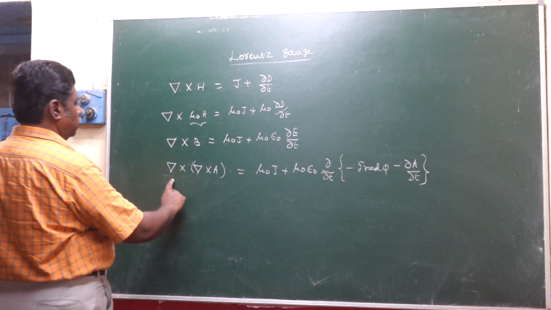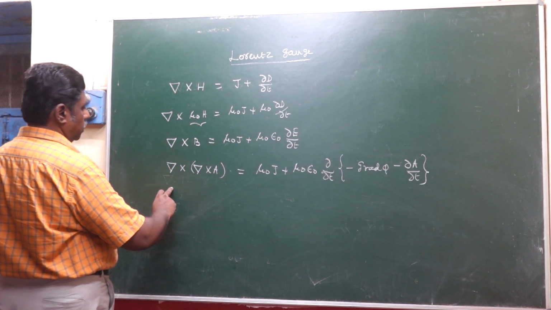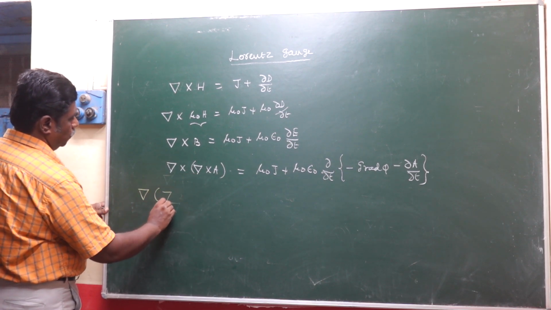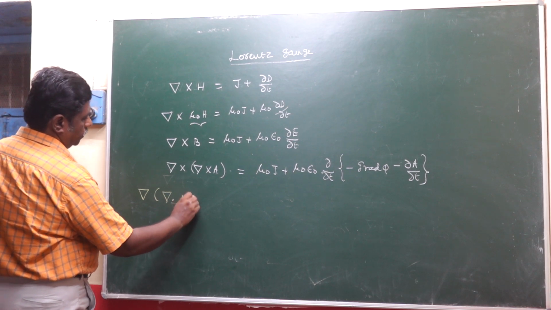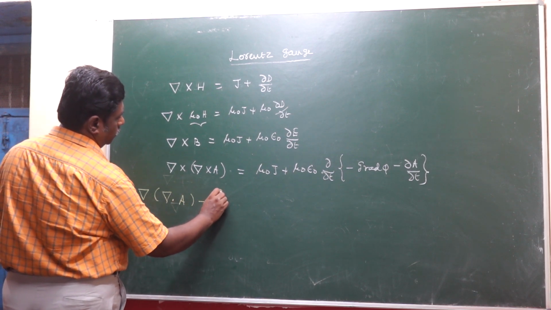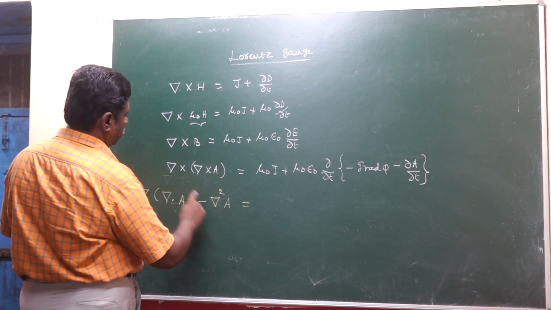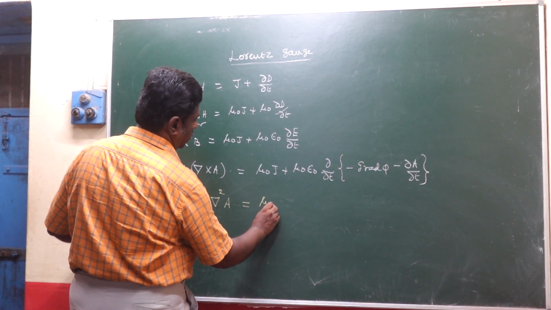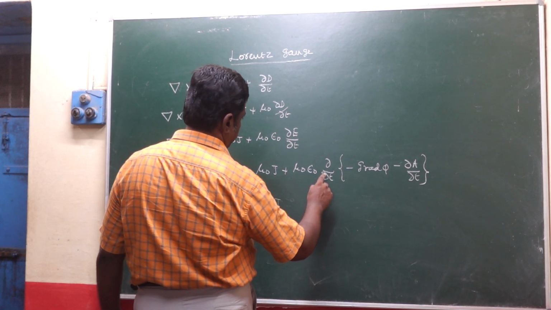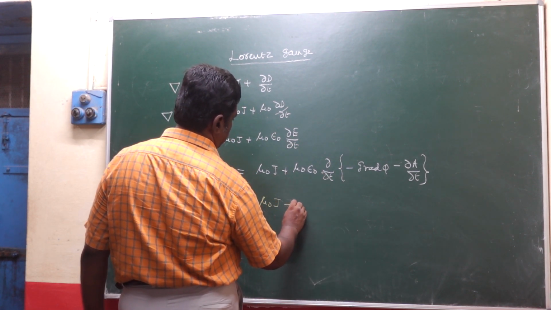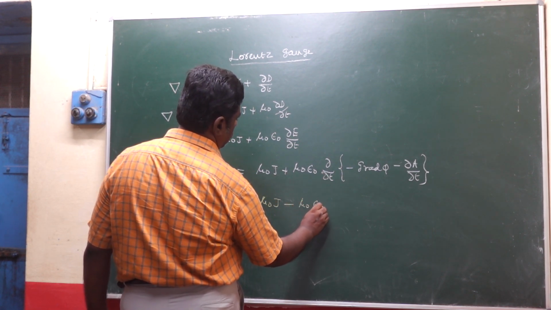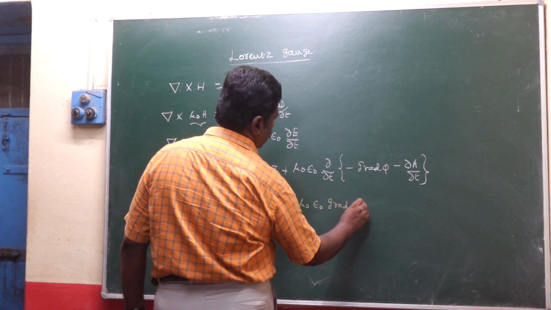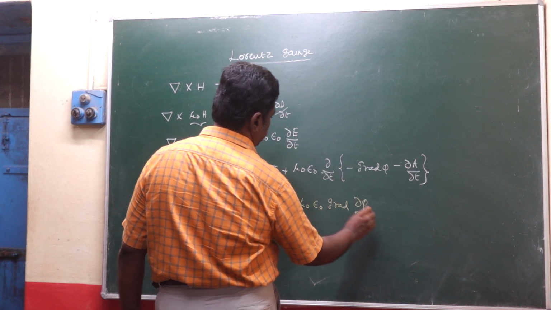On the left hand side you have to use our vector identity. Del cross curl A is grad of div A minus del square A. This is a vector identity, which is equal to mu naught J, minus mu naught epsilon naught grad of dou phi by dou t.